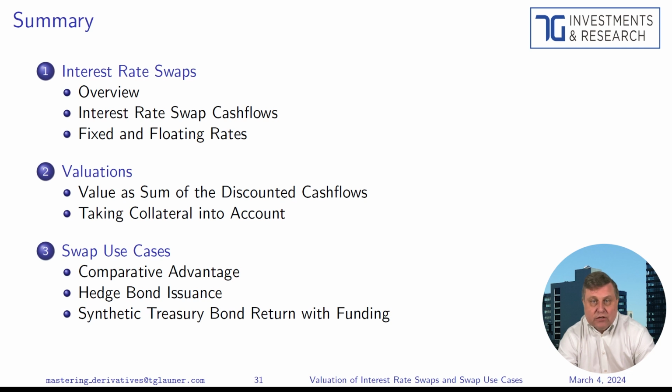Additionally, we presented 3 practical use cases. First was the standard comparative advantage scenario, often taught in business schools. Second was hedge bond issuance, where an investor issues a fixed rate bond that can be converted into a floating rate bond through bank facilitation to mitigate risk.